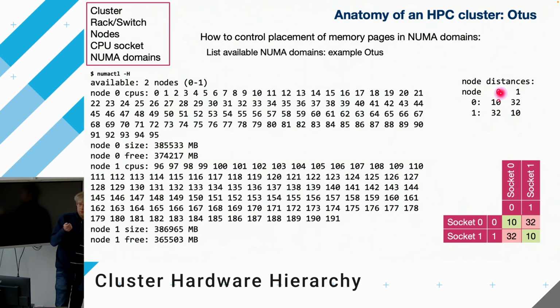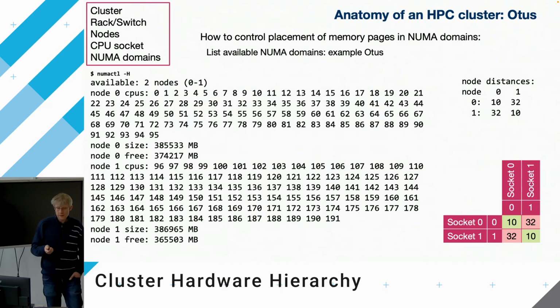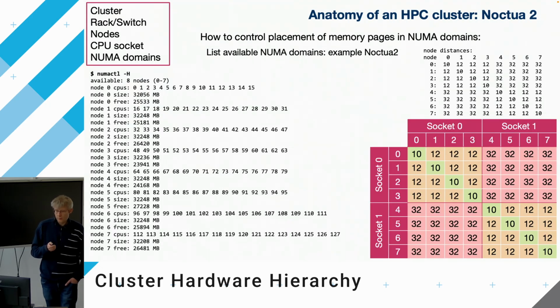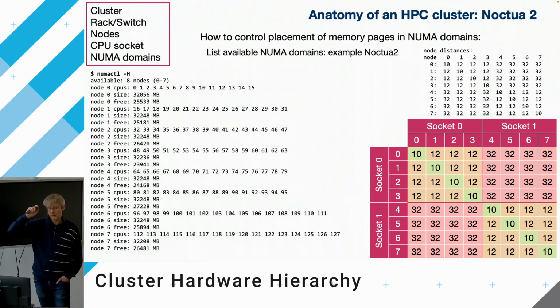Now I've talked about Otus, and now we're going to see the same output, but for Noctua 2. The difference is that on Otus we have 2 NUMA nodes, and on Noctua 2 we have 8 NUMA nodes. So the principle is the same, but the grouping is a little bit different, and therefore this output is different. We see we have 128 cores, and they are grouped differently here.